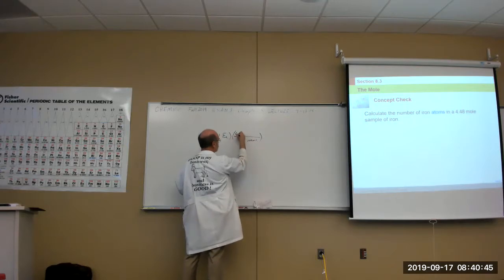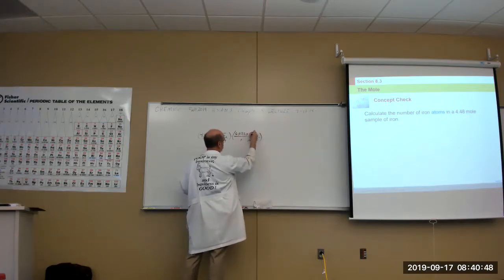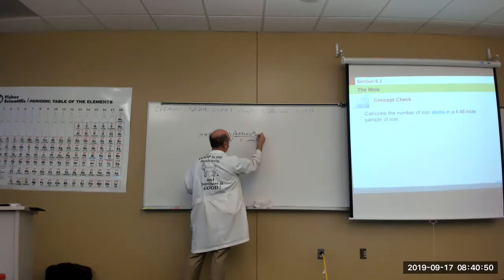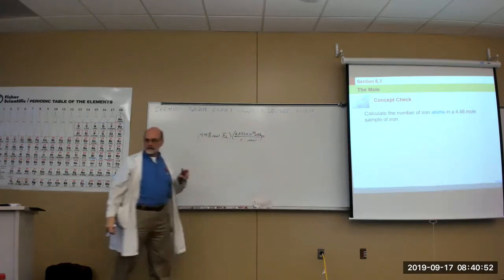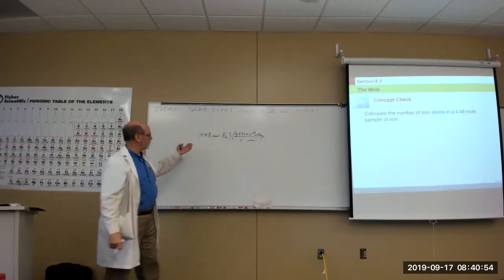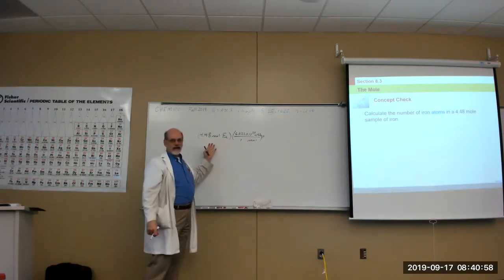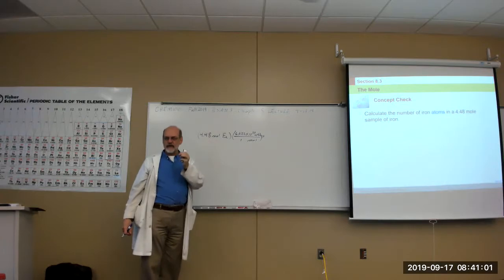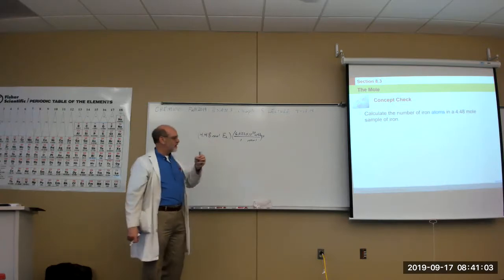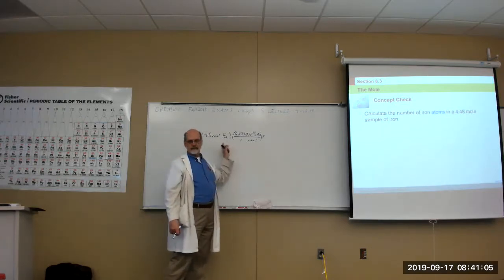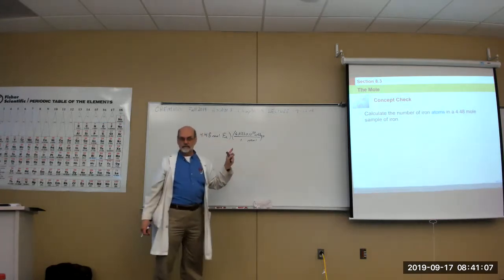1 mole is this. Doesn't matter it's iron. It'd be the same thing for any element. The only time you need a specific conversion factor for the element is if you're going to mass from moles.